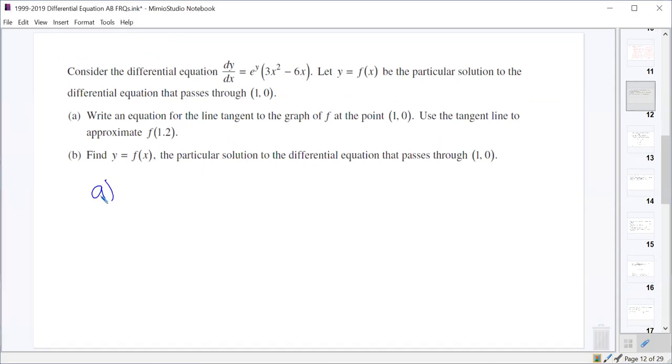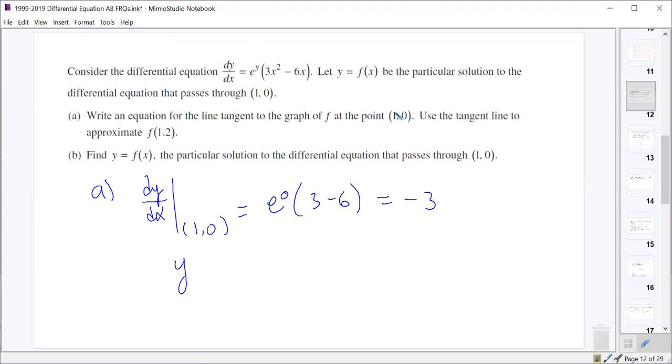So for part A, we're just going to find the slope like we've been doing with all the other ones. You'll note that this is a very common question in these.